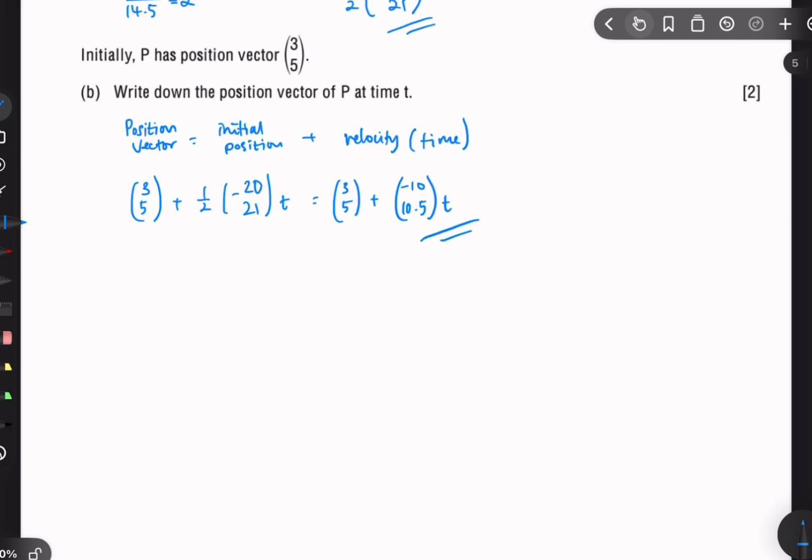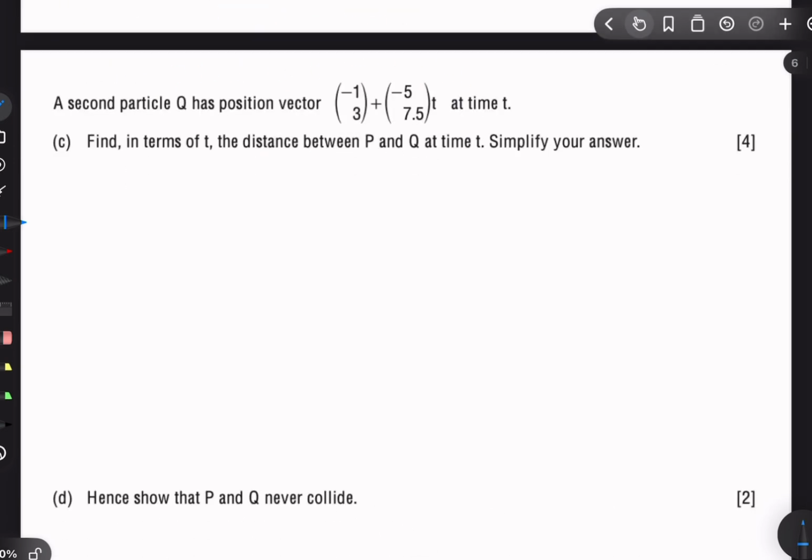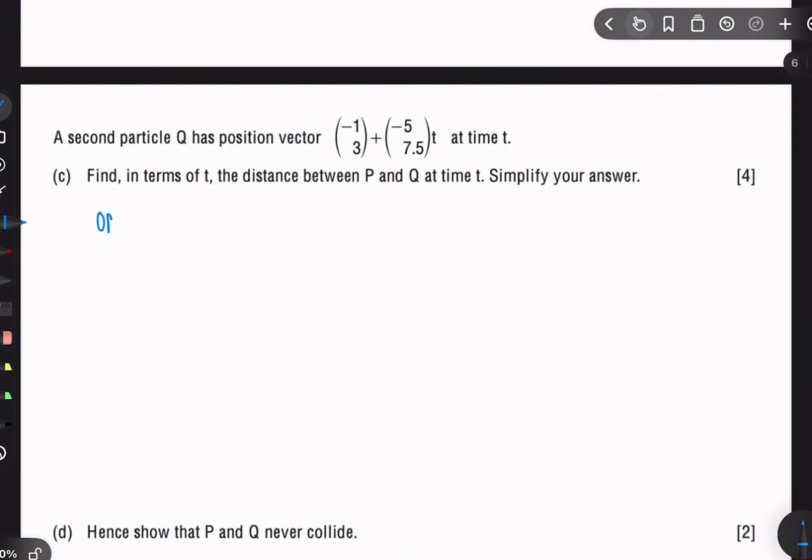Okay, so from part B, we know that the position vector of P, OP, is this. And this can be rewritten as this.